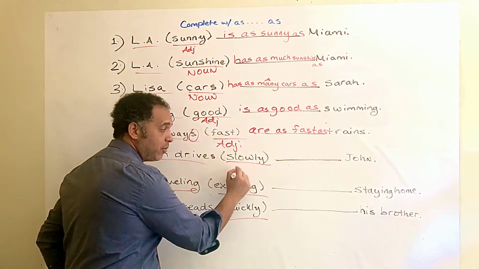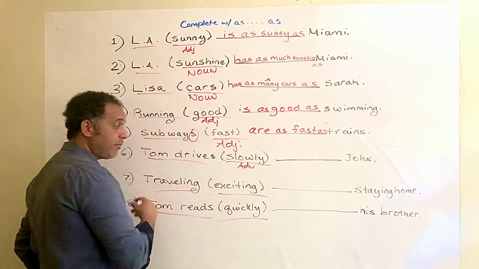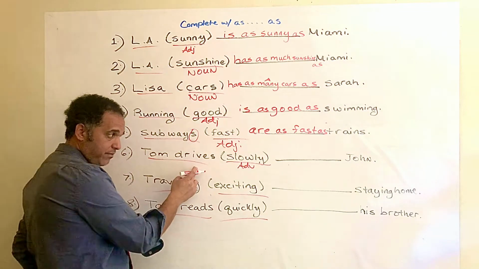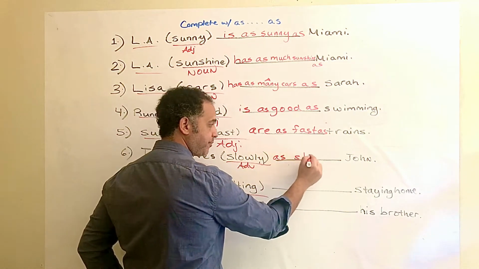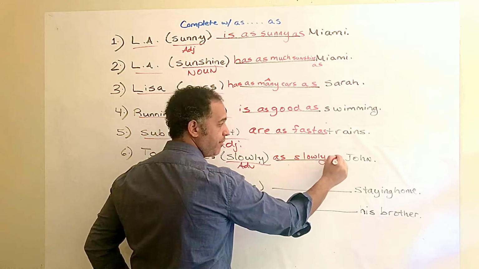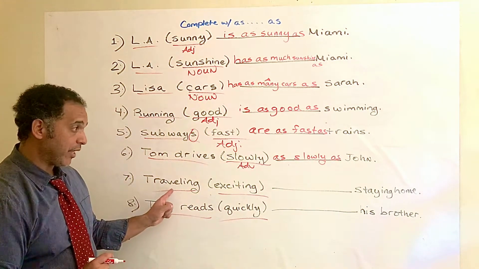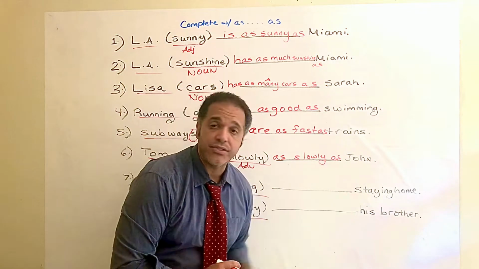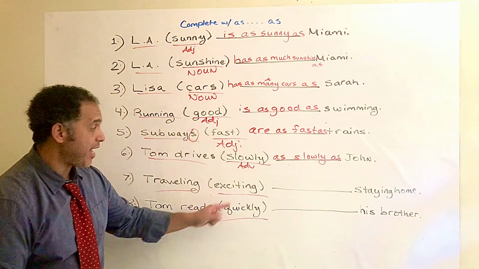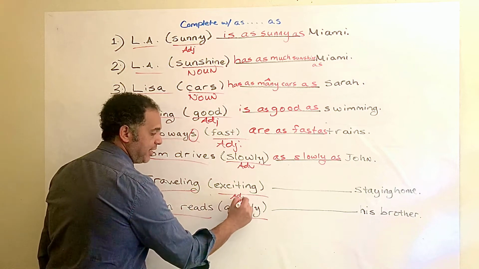Tom drives slowly. Slowly is an adverb. So, Tom drives as slowly as John. Traveling. I want to compare it with staying home, and I give you the adjective exciting.